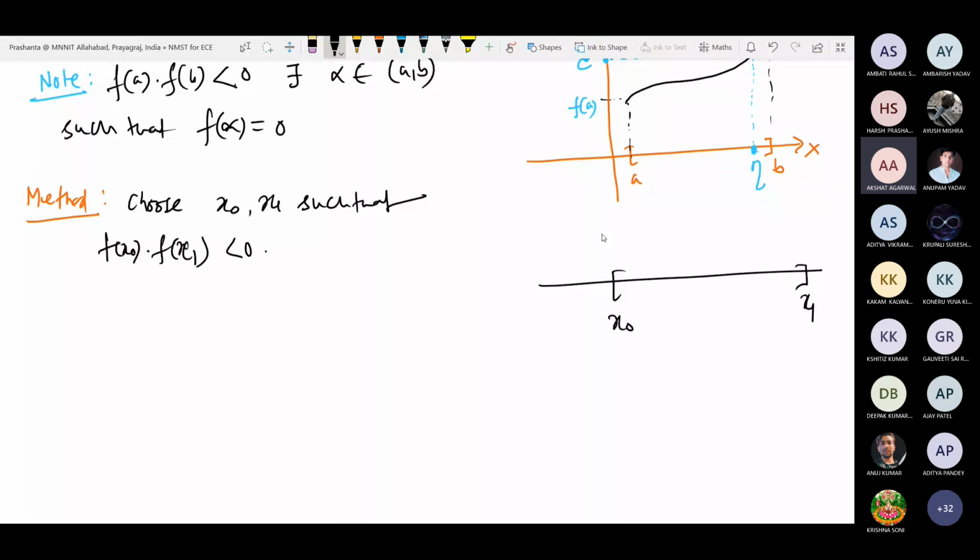Next, in step 1 or iteration 1, what will you do? You will bisect, you will consider the middle point of the interval. So you choose x2, which is nothing but the middle point of the interval x0, x1, that is x0 plus x1 by 2. And then you check the sign of f of x2.